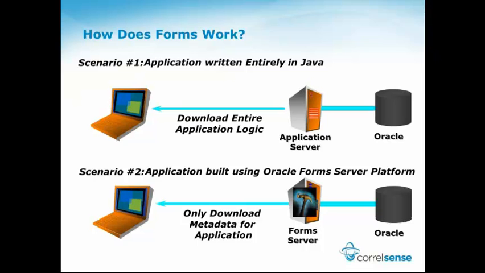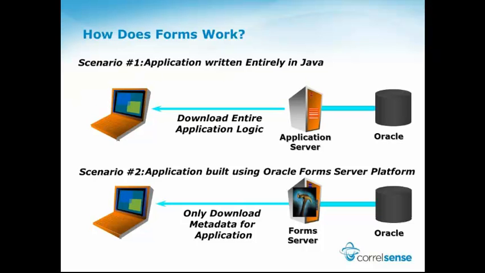Basically, a little bit how it works. In a regular Java application, the user runs the Java application. The entire application, including the business logic, is downloaded to the client. And then all of the application logic is performed on the client side.